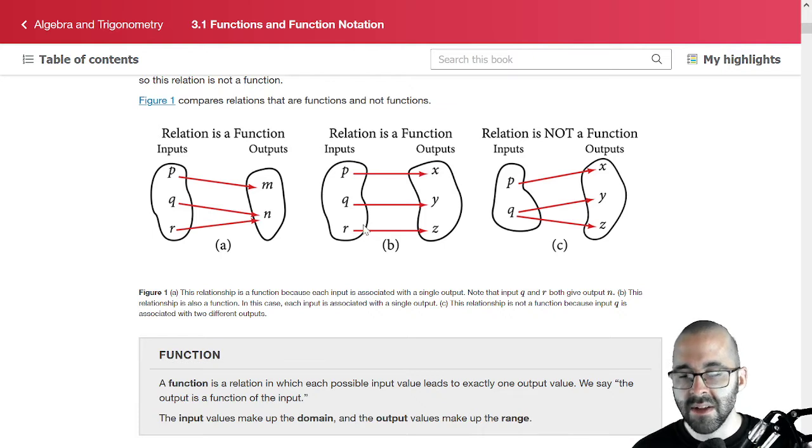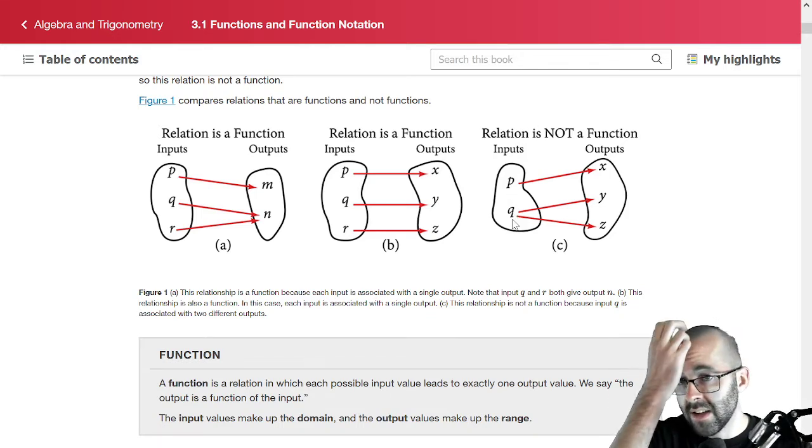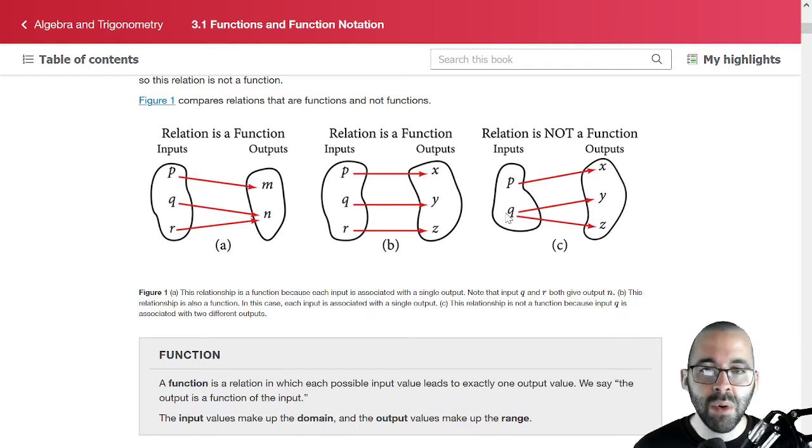The next thing we're going to talk about is when a relation is a function. A relation is a function if each input, each x value, only goes to one location. For example, this third one is not a function because there's an input that goes to 2 different places.